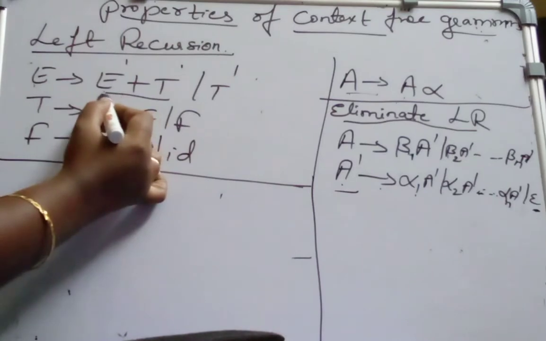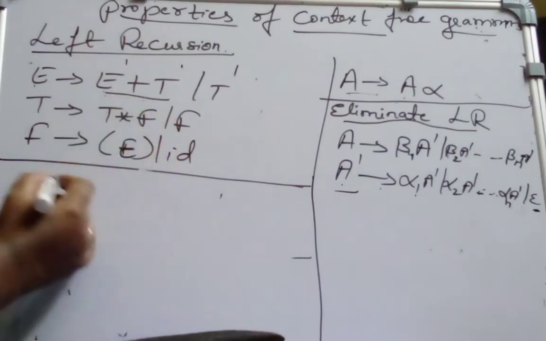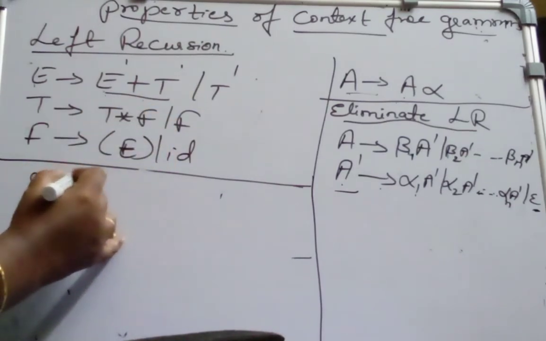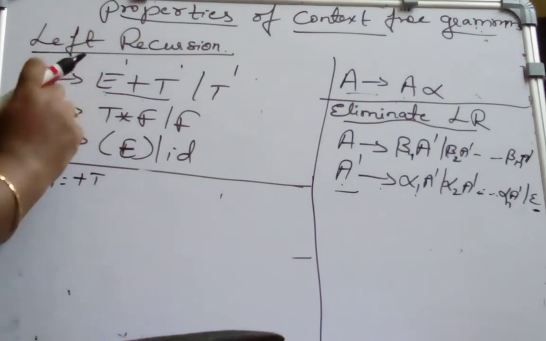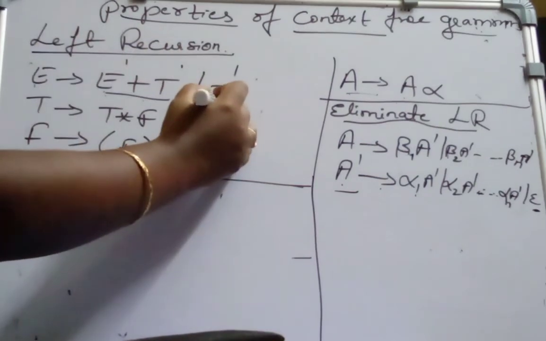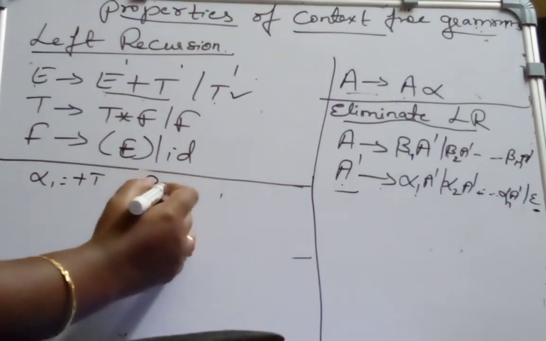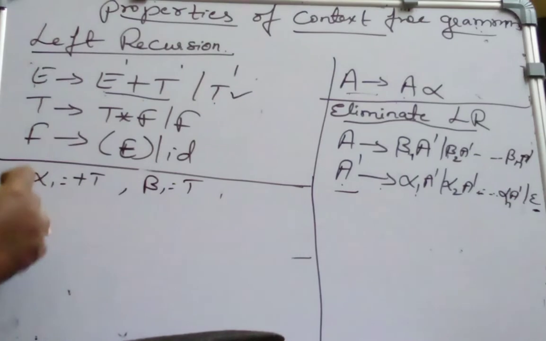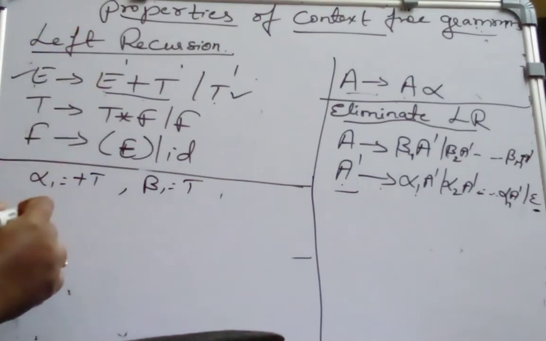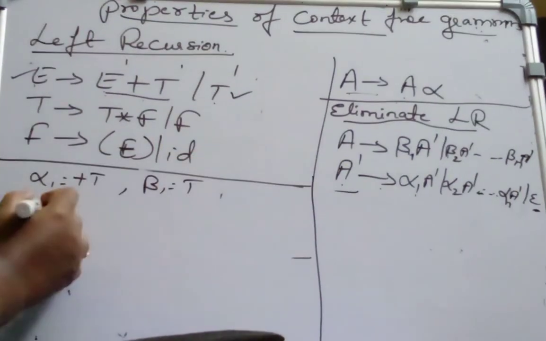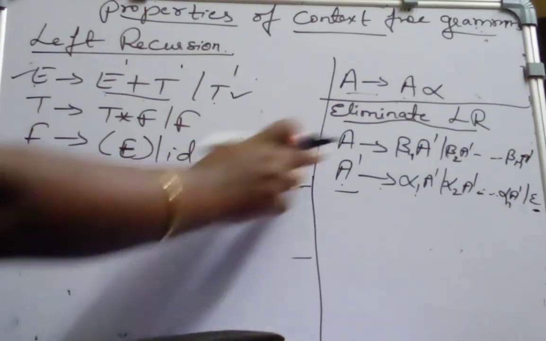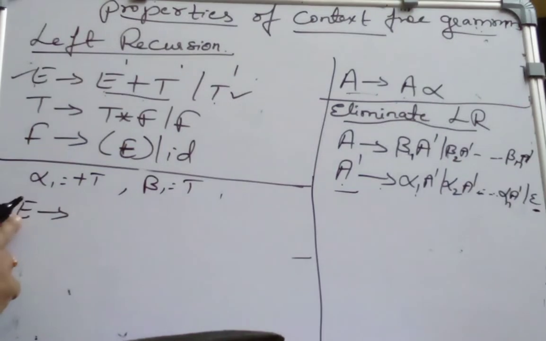So this is of the form A derives A alpha. Here alpha is plus T, and beta is T. So we have only one alpha and one beta. Now remove the left recursion for this grammar. How to remove it? I have to write E derives beta 1 A dash, and in place of A dash we have E dash.